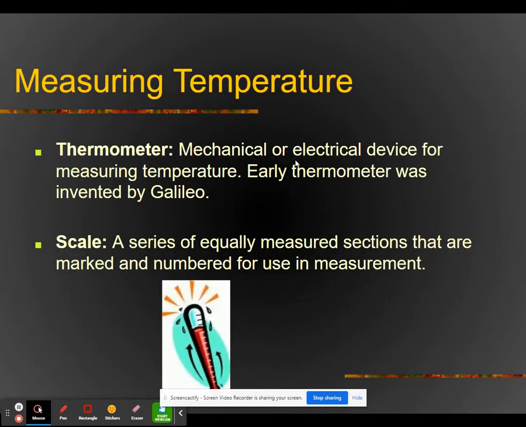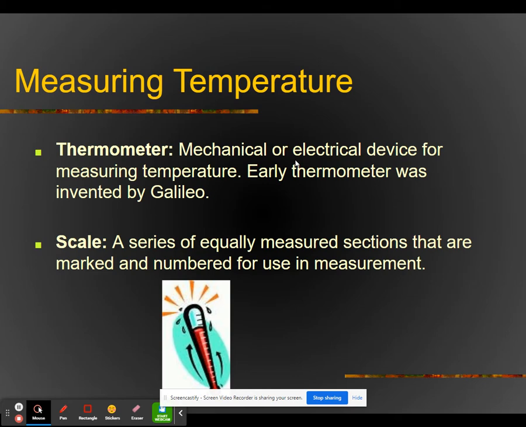To measure temperature, we use a tool called a thermometer. That's either a mechanical or possibly electrical digital device used for measuring temperature. The earliest thermometer was invented by a guy named Galileo. And each temperature is going to be according to a scale. It might be Fahrenheit, it might be Celsius, it might be Kelvin.